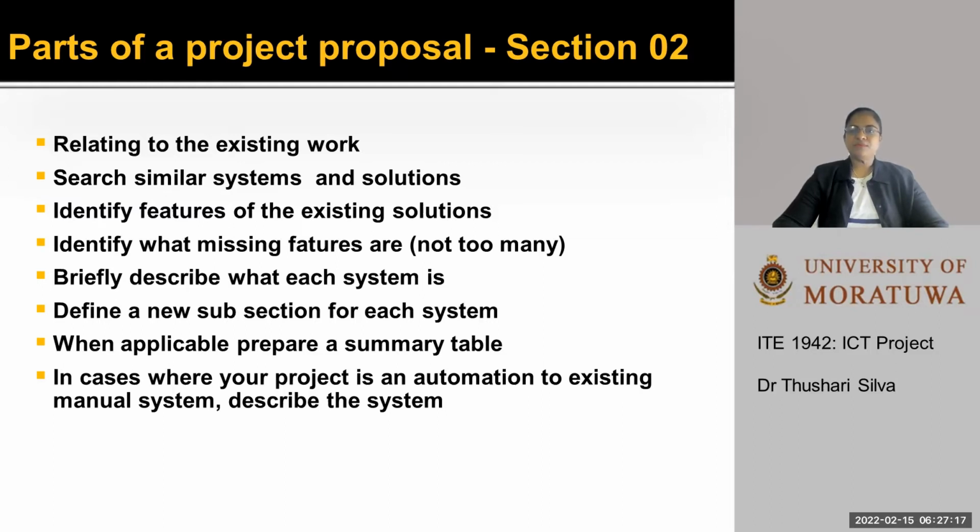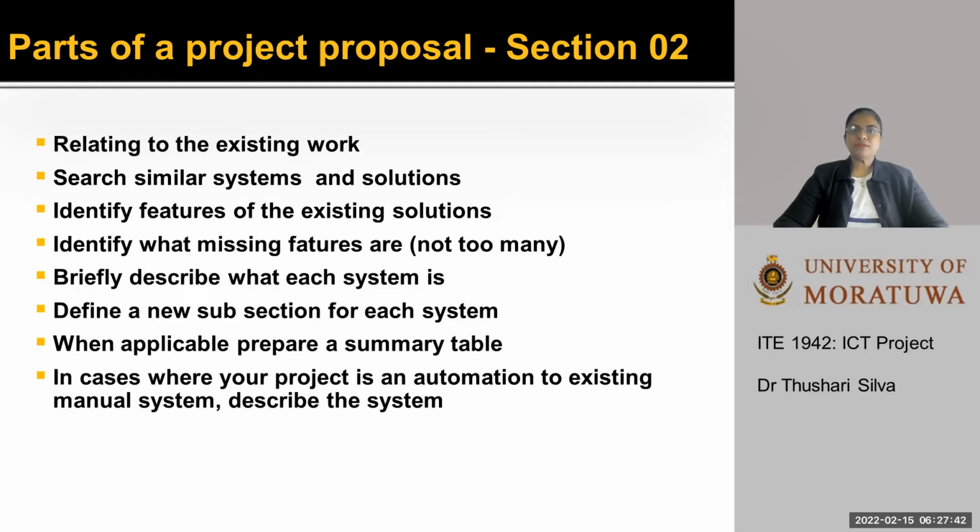And inside your second section, which is called the literature review section or related work section, you may identify several subsections. There is no predefined number of subsections in this chapter, because it depends on how many solutions you have for the identified problem.